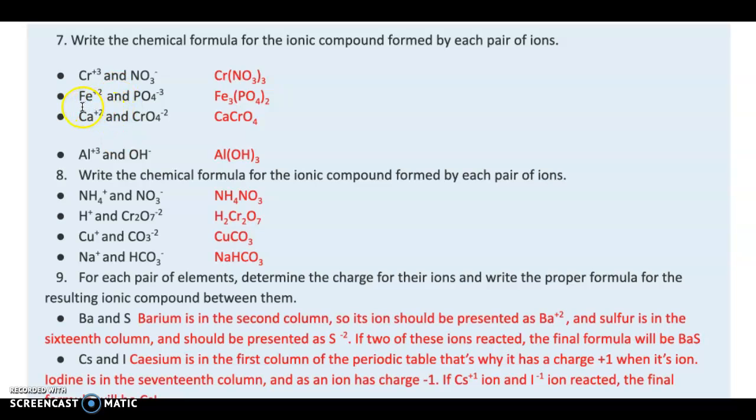Next question, iron and phosphate. So phosphate is a polyatomic ion. It has a charge -3. Therefore, the 3 will go to iron, and iron has a charge +2. Therefore, the phosphate will have parentheses, and then you'll write 2 right next to it.